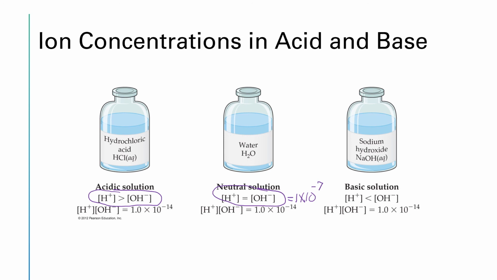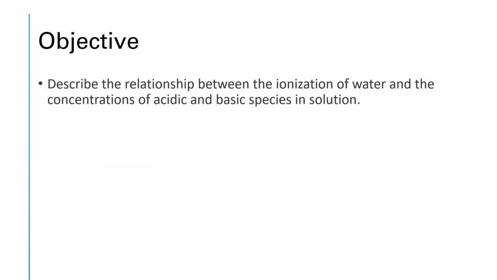They are both equal to each other. And then last but not least, in a basic solution, the hydroxide ions outnumber the hydrogen ions. Any water solution always has both, but the relative amounts of hydrogen and hydroxide change depending on whether it's an acidic or a basic solution.